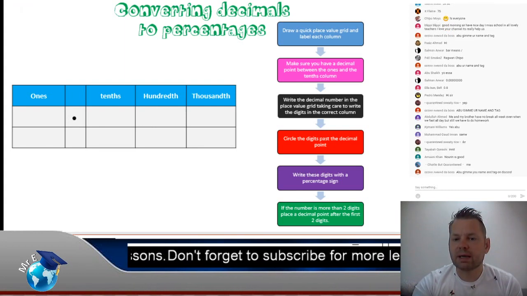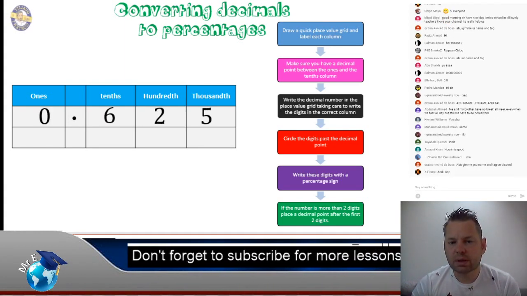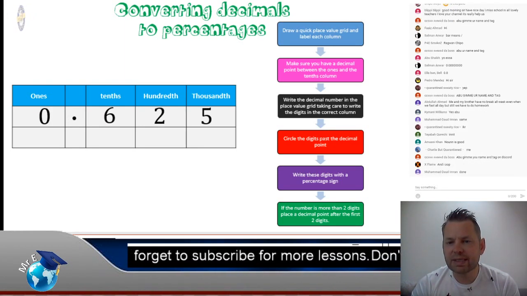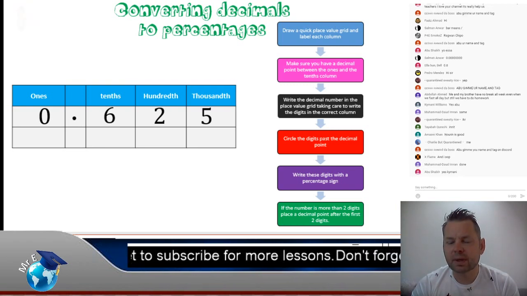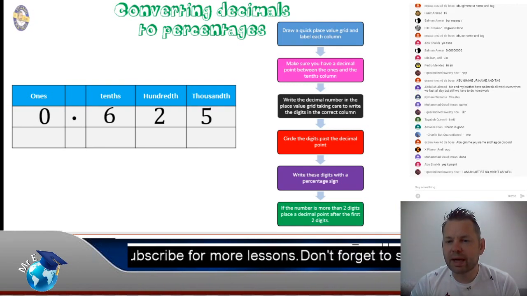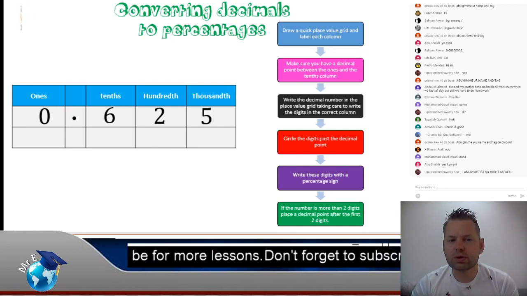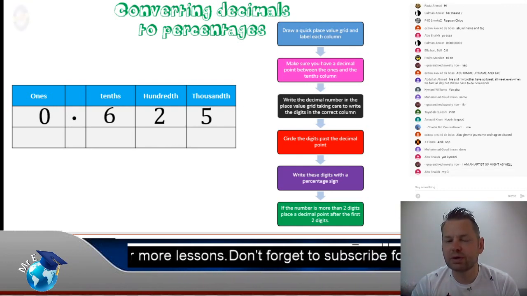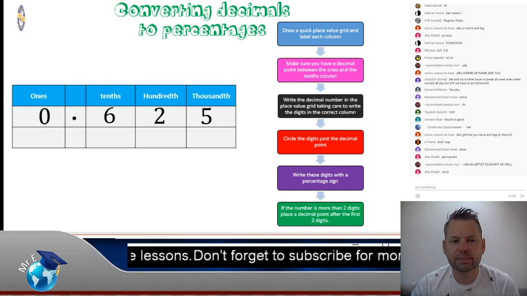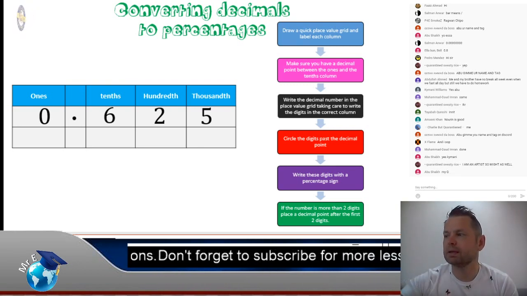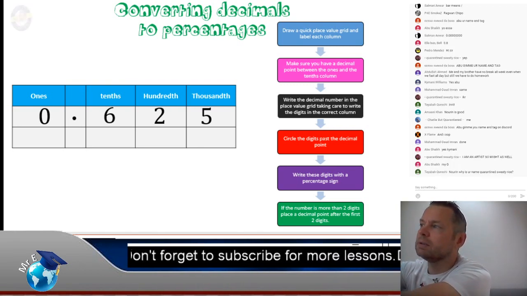Then we're going to plot our decimal points and our numbers. So yesterday we did this number, 0.625. And then we're going to multiply them by 100. What does multiply by 100 mean I'm going to do to every one of these numbers?